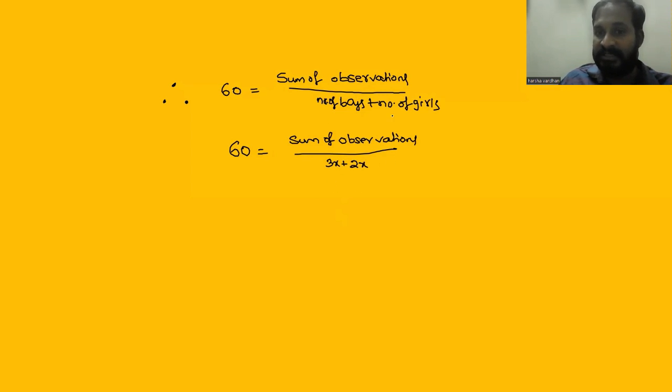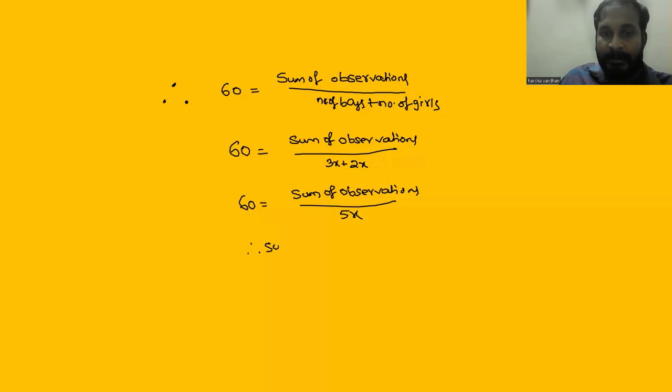Boys are 3x strength and girls are 2x strength. So 60 is equal to sum of observations by 5x. Therefore, sum of observations is equal to 60 into 5x, which is equal to 300x.